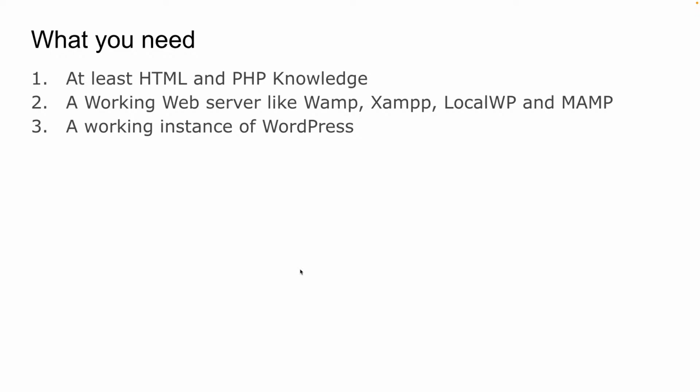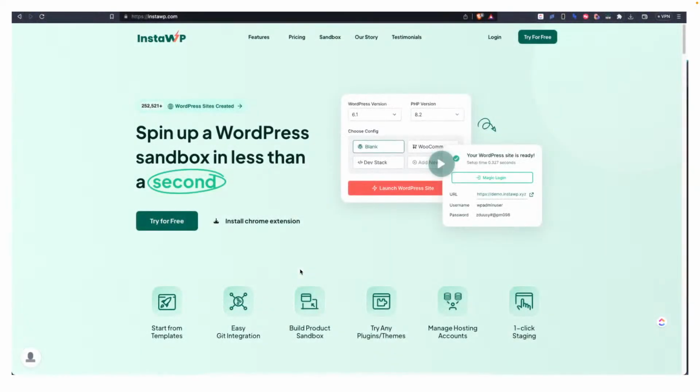The third thing you need is a working instance of WordPress. So if you cannot afford installing WordPress on your computer, you can go to this platform known as InstaWP. It will help you to spin up a WordPress instance in just seconds, and you can follow along from there.